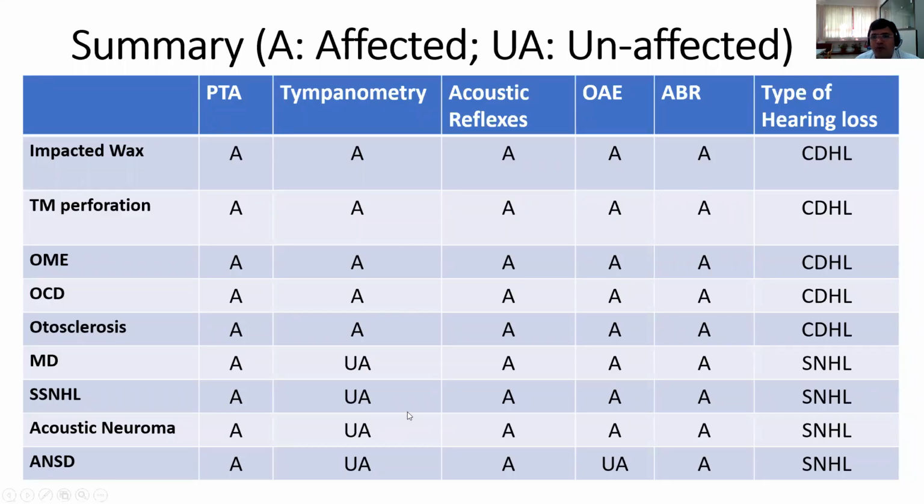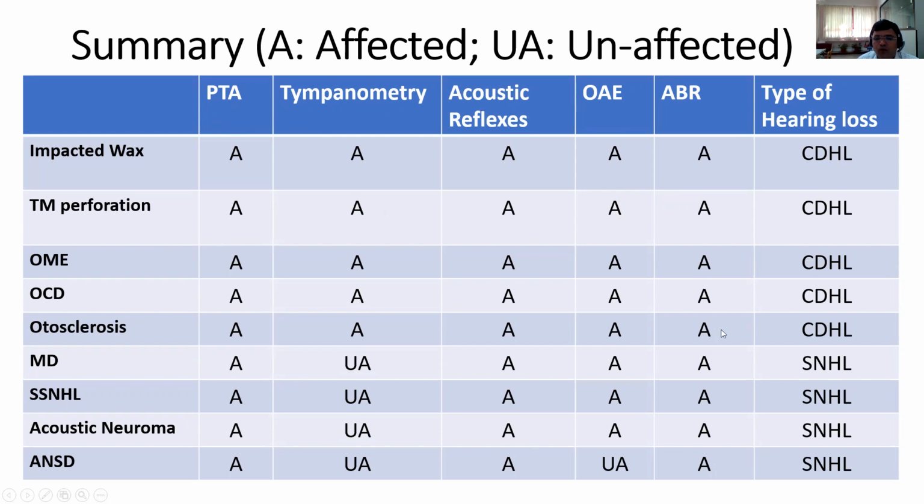So to sum up my presentation, this is a comprehensive table where I have listed all the pathological conditions of external ear, middle ear, inner ear, as well as auditory nerve pathology, and the different audiological evaluations most commonly used: pure tone audiometry, tympanometry, acoustic reflexes, otoacoustic emission, and ABR.